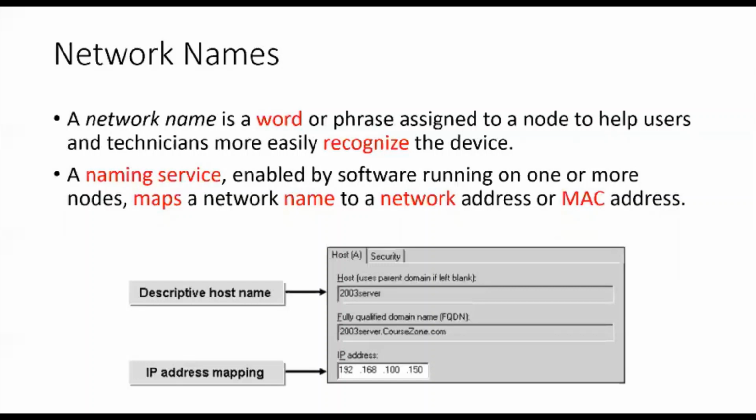For example, I want to connect to the Google web server, whose IP address is 209.85.165.99. Or maybe I want to connect to the Genic web server, the RUB web server, or the Bhutan Telecom web server. Remembering the IP address of that particular device is very difficult, but with the name, it becomes easier for us to remember.